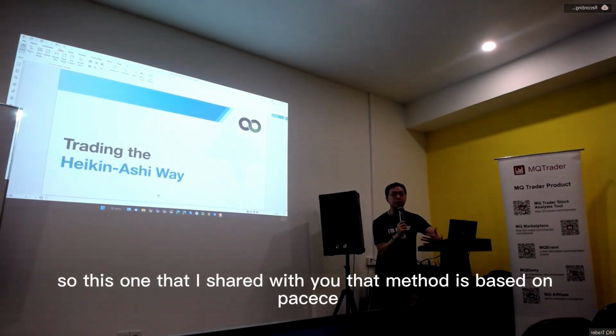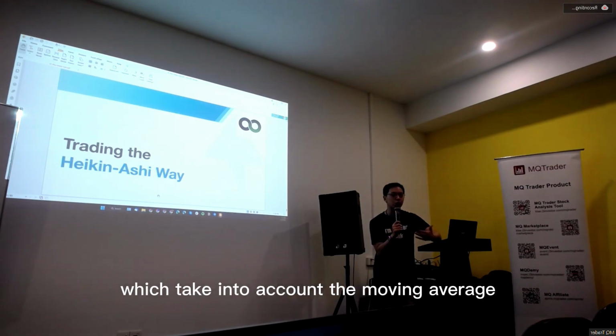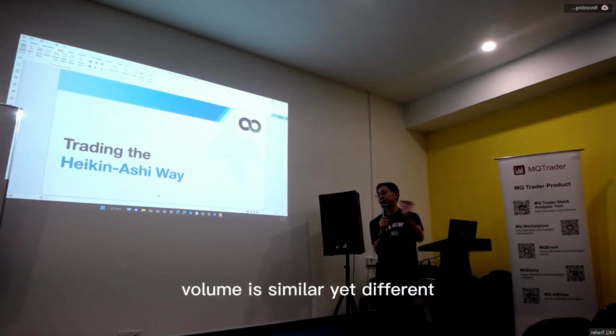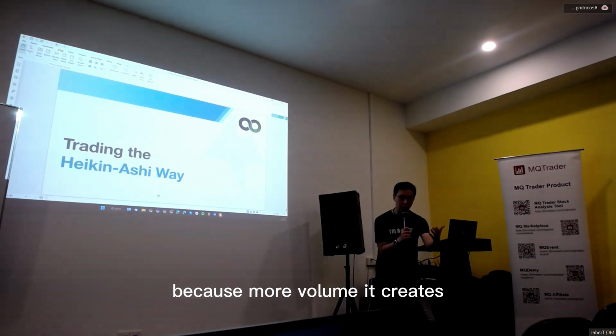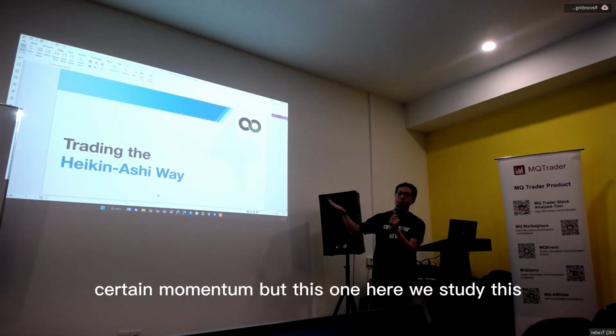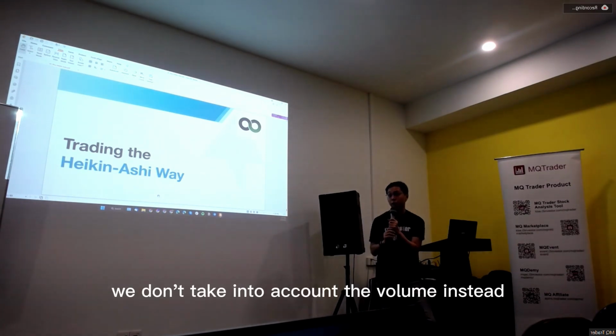This one that I share with you is based on the moving average, which is the momentum of price. Volume is similar yet different, because more volume also creates certain momentum. But for this one that we study, we don't take the volume aspect into account.